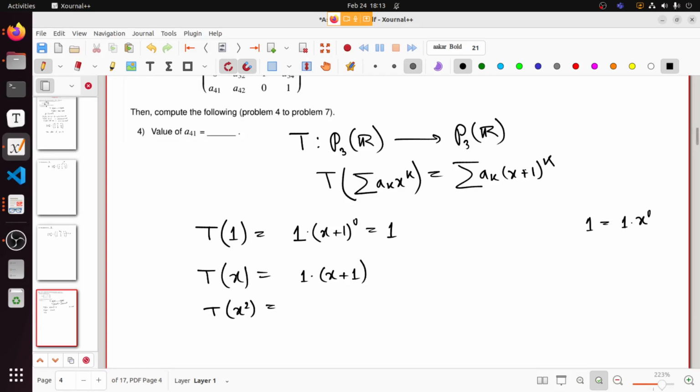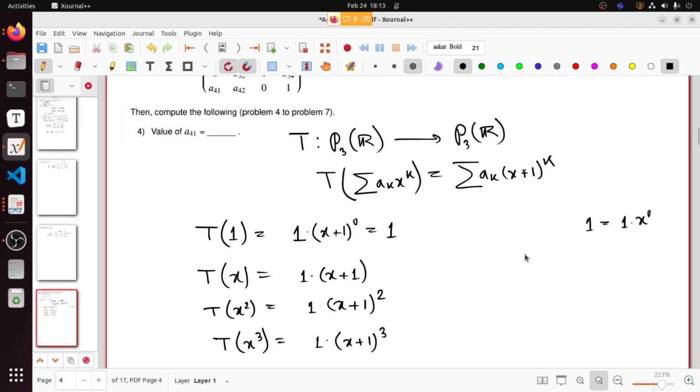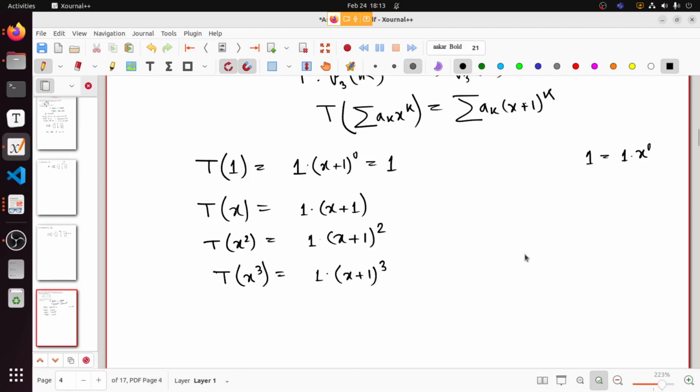T of x squared will be 1 into (x plus 1) whole squared. What will be T of x cube? T of x cube will be 1 into (x plus 1) whole cube. So this is the mapping, the images of 1, x, x squared and x cube.